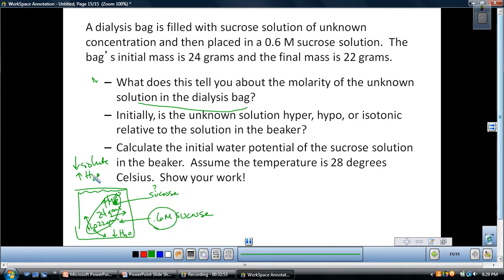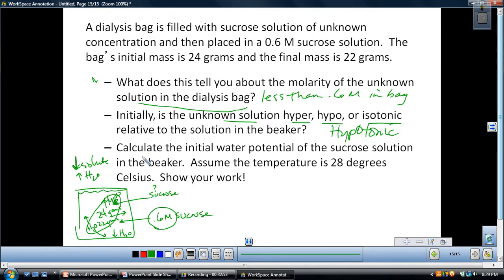So I know it's less solute than 0.6 molar. Okay, so I'm going to put less than 0.6 molar in the bag. Okay, initially is the unknown solution, meaning inside that dialysis bag, would it be hyper, hypo, or iso relative to the beaker? Well, we already broke it apart. We said it had less solute in the bag, so our answer is hypotonic.